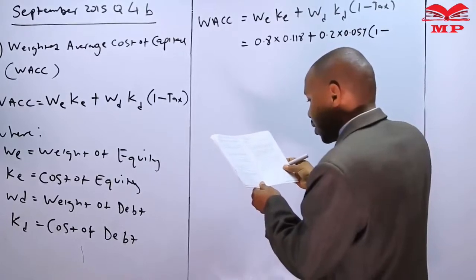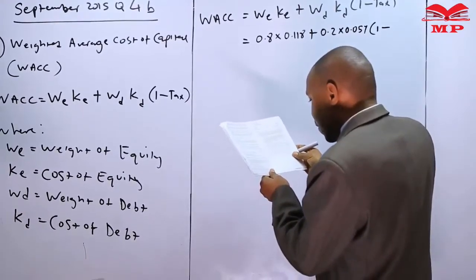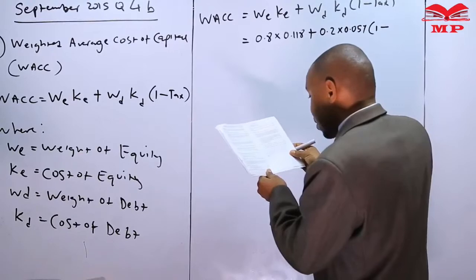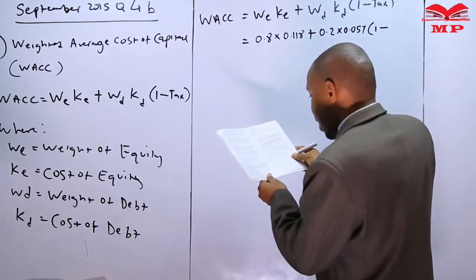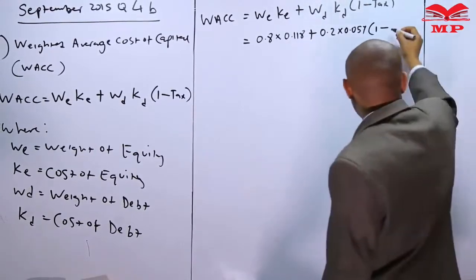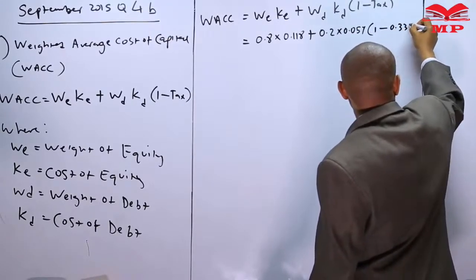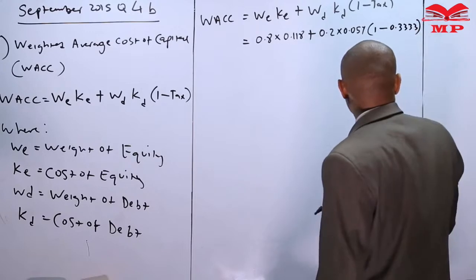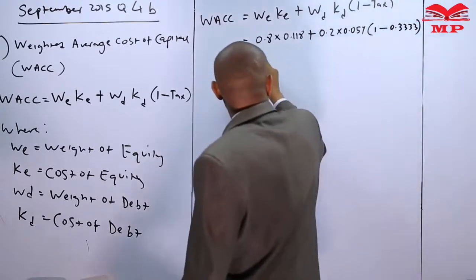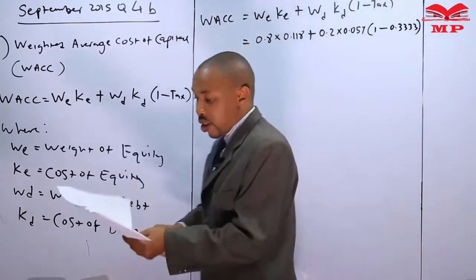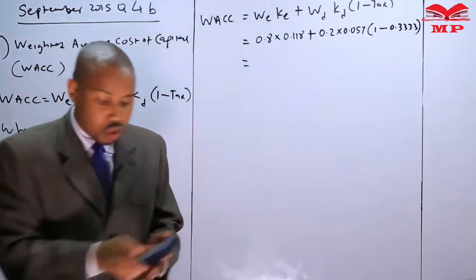Have we been given the tax rate? We must be given the tax rate somewhere. The tax rate is 33.33, the third line there, 33.33%. So 1 minus 0.3333, like that. So go ahead and use the calculator to try and get the weighted average cost of capital.